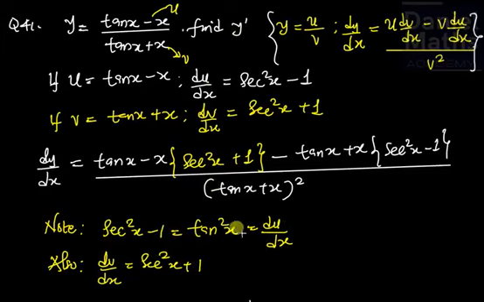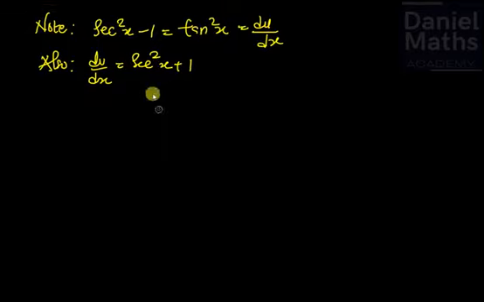So this is what we have. Now let's take this over to the next page. All right, so I would like to clear that also from here: if sec square x minus 1 equals tan square x, let's call this equation 1 and let me call this equation 2.